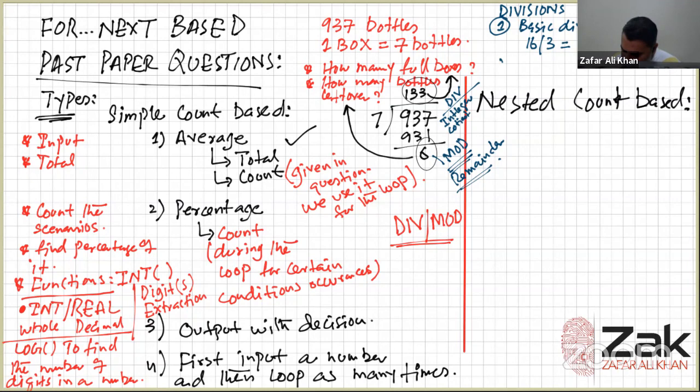This is basic division. Second one is div. In this case, we will write 16 div 3. So the answer would be 5. Thirdly, we would have mod. 16 mod 3. Answer would be 1. So these are the three types of division. How do we know which type of division is required over here? That will come out of the question.